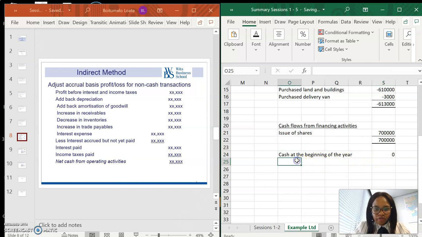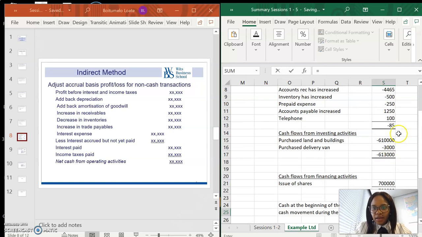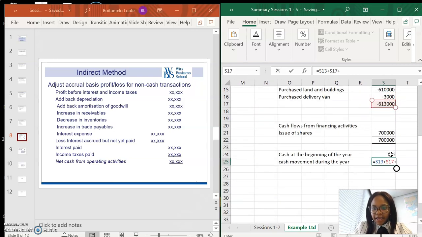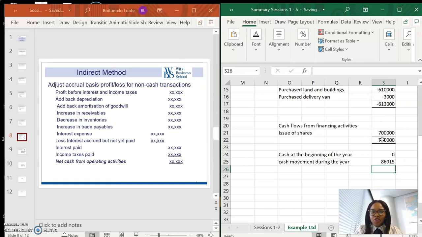My cash movement during the year is sitting at a balance. I need to sum up all the investing, operating plus investing plus financing. I'm sitting with a total cash movement of 86915.